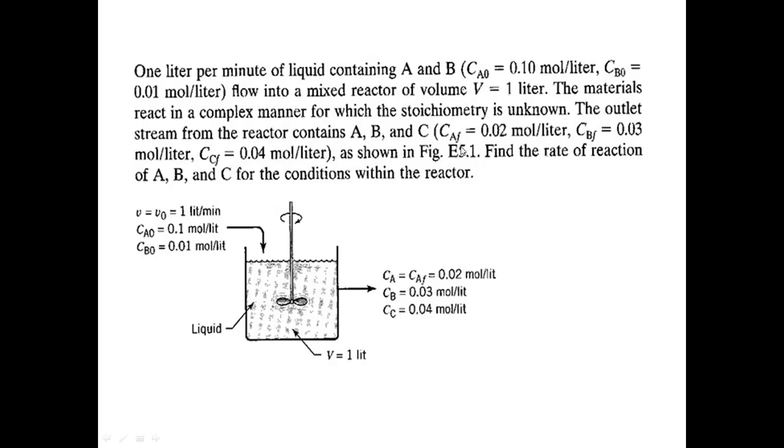CBF is 0.03 mole per liter, and CCF being equal to 0.04 mole per liter, and it's shown here in the figure. Find the rate of reaction of A, B, and C for the conditions that are stated in this particular problem.